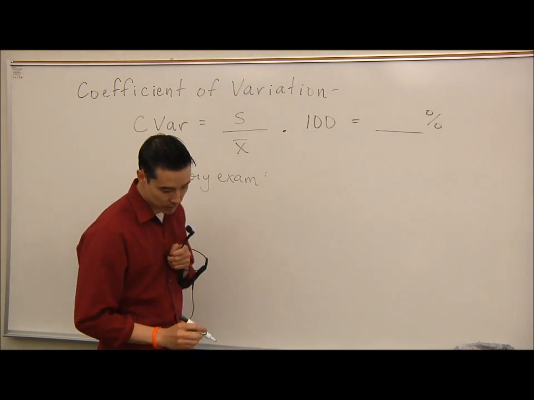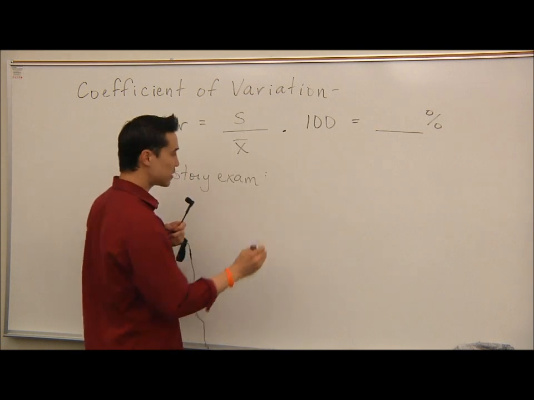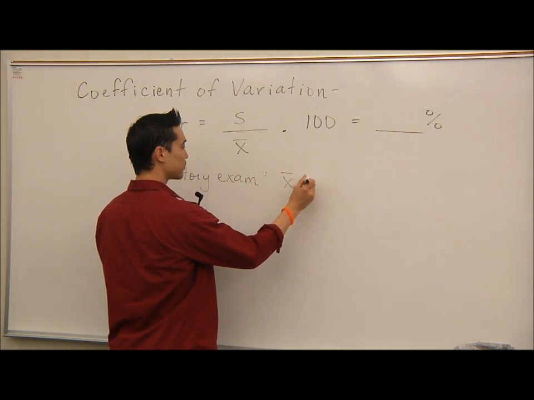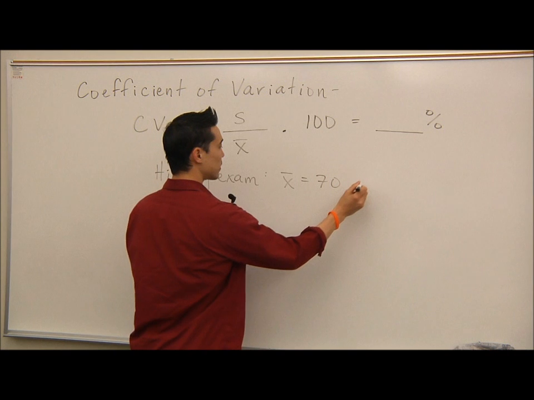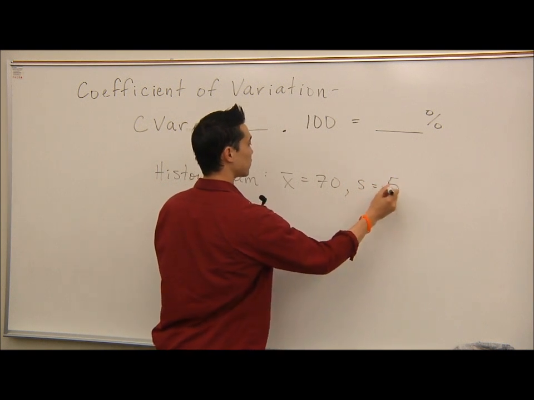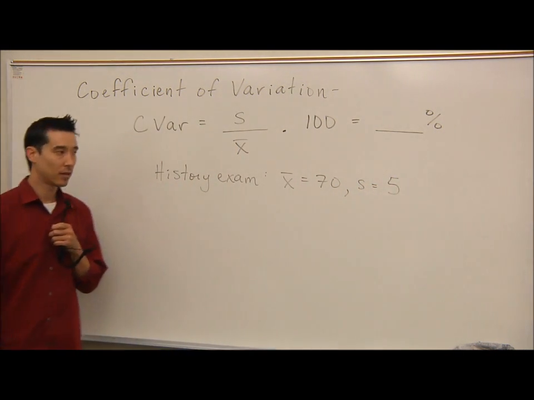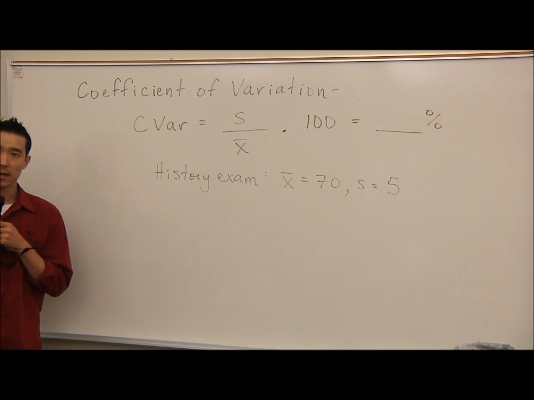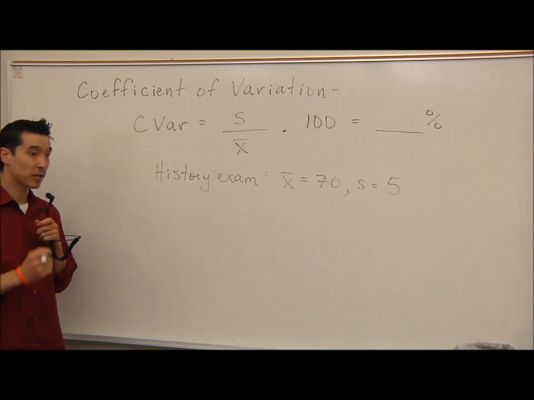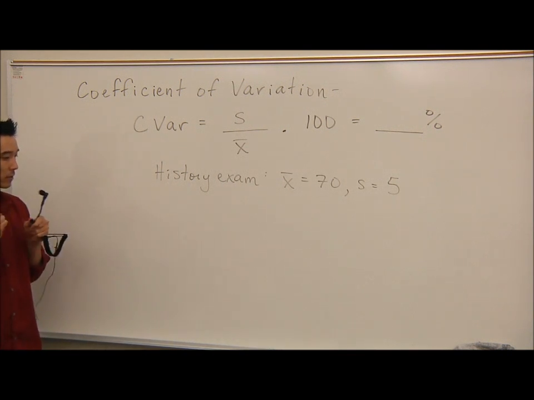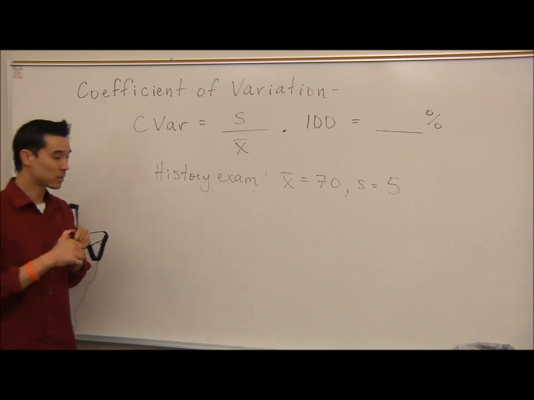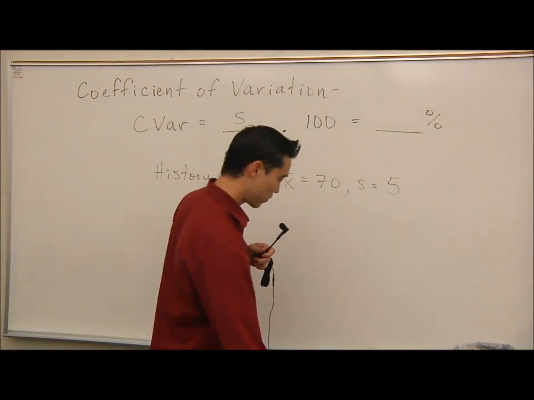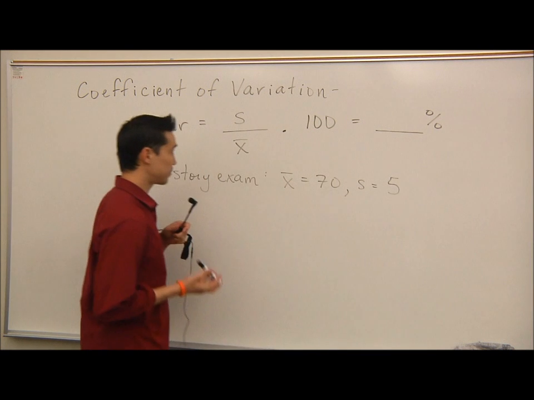They say on the history exam, the mean was 70, so X bar was 70, and the standard deviation was 5. That's pretty much all you need to get the coefficient of variation for the history exam. So go ahead and compute that one first.